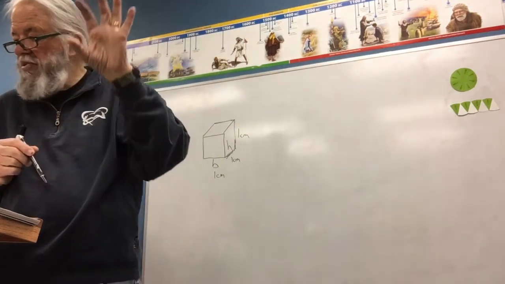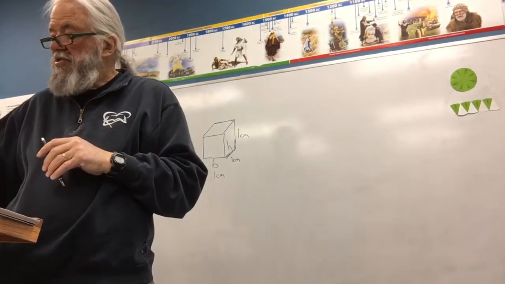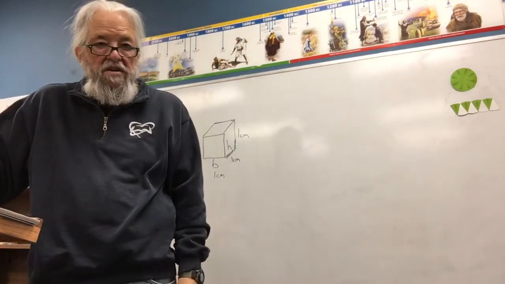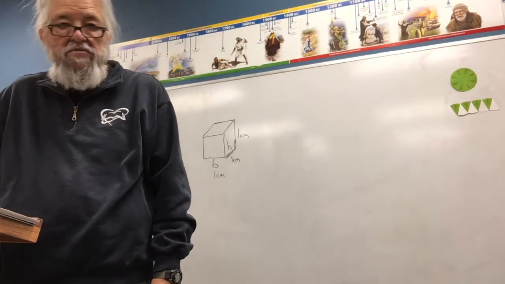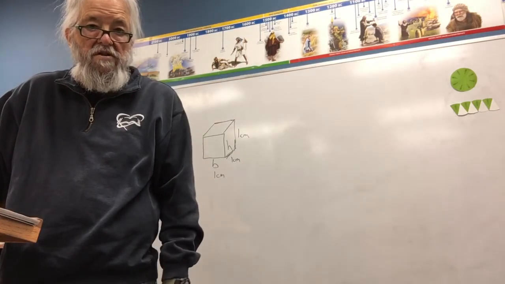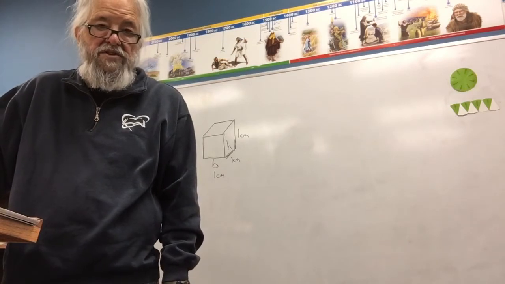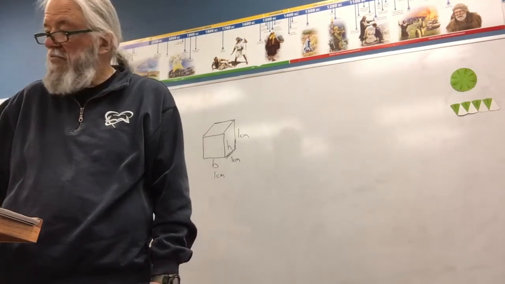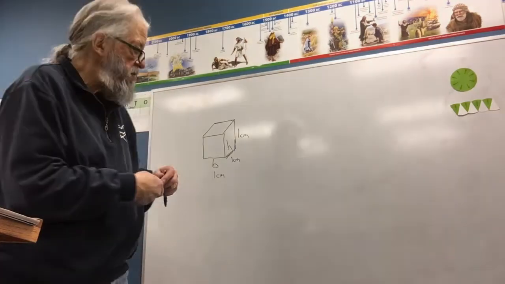And then it shows it 3 centimeters high, all right? So the base would be 4 centimeters times 2 centimeters, which would be 8 centimeters squared. And then you take that times the height, which is 3 centimeters, so that would be 24 cubic centimeters.